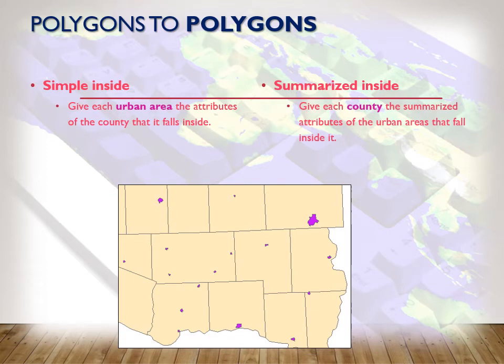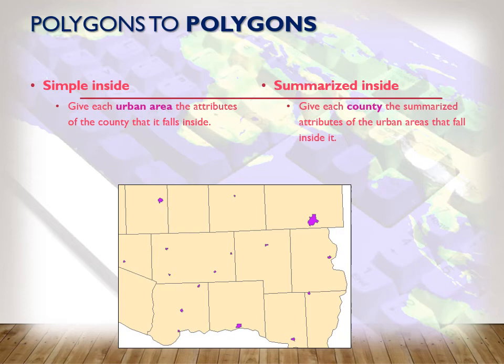Now this might work a little bit better. For a simple inside, give each urban unit the attributes of the county that it falls inside. So basically, we start with the urban area, and we have county. There are multiple urban areas in a county, so this is technically a many-to-one, and that makes sense because we're using a simple inside.